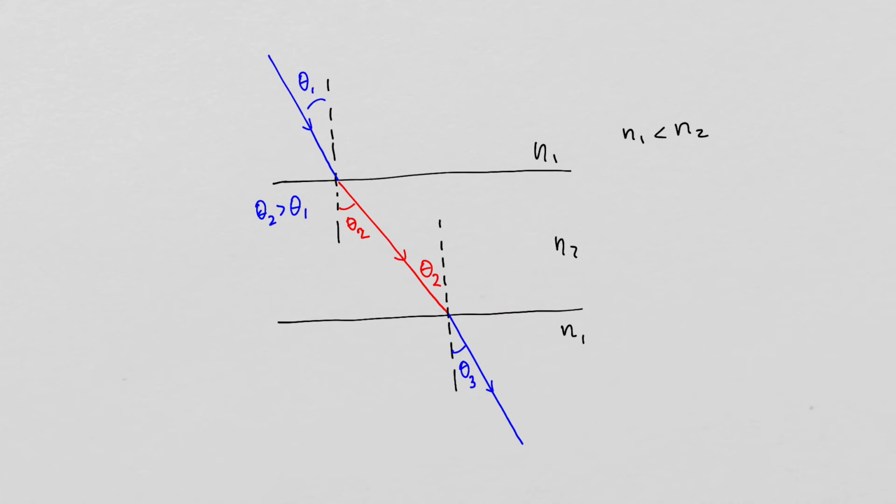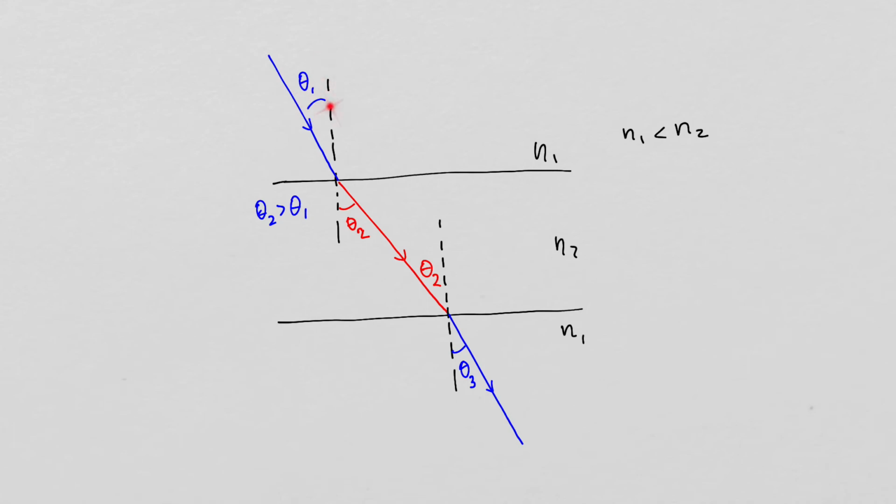And when the light ray enters the medium with index of refraction n1, it's going to bend towards the normal now, because this index of refraction is smaller than that index of refraction. So this angle theta 3 should be the same as the original angle of incidence theta 1.